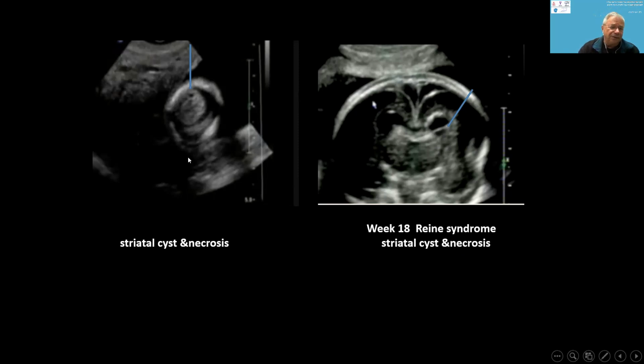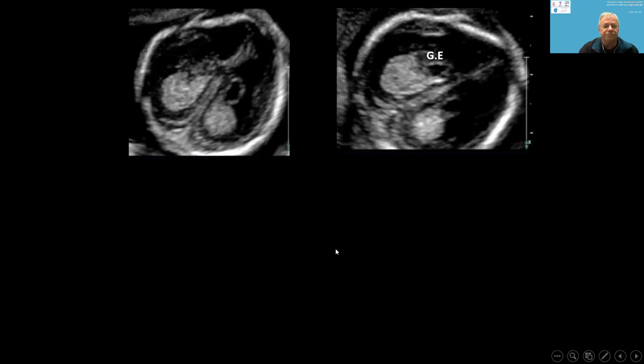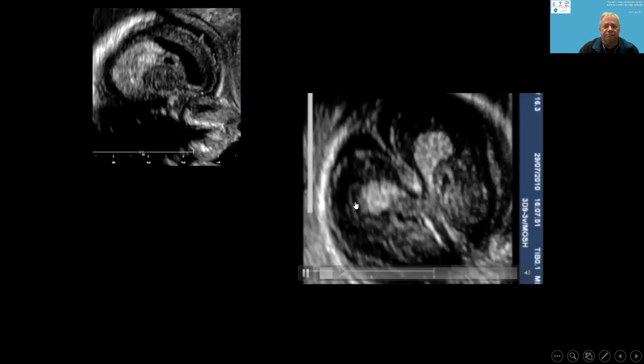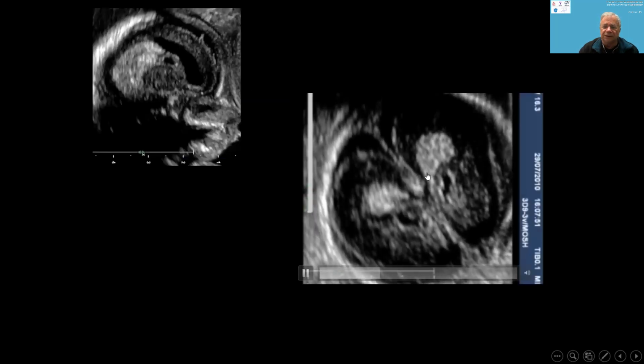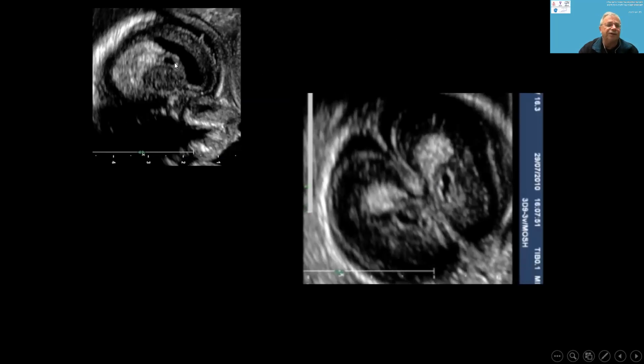It was with holoprosencephaly, week 15. Another case, week 16, with trisomy 13. Another case was secondary to brain atrophy. Another case was with abnormal exome. And it is encircled by solid structure in some of the cases.